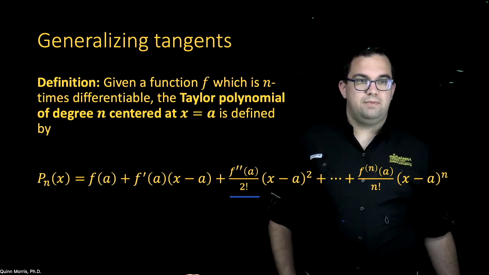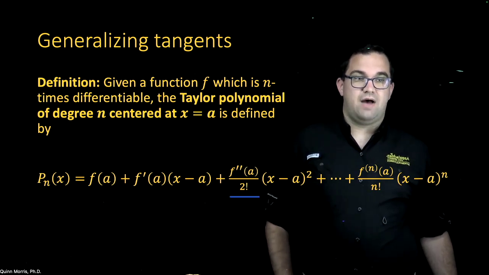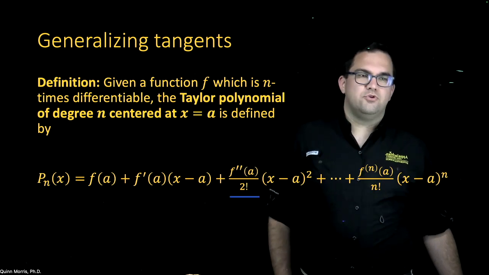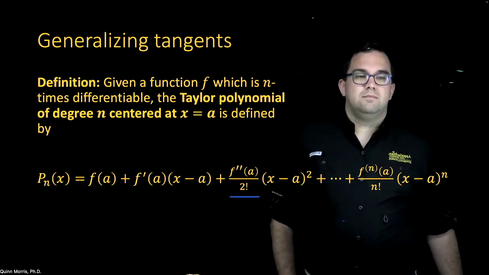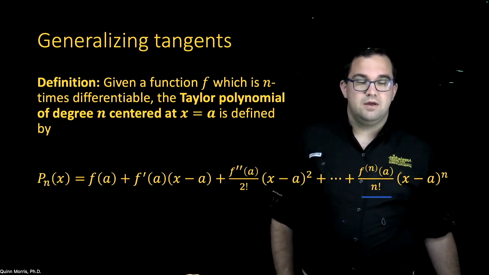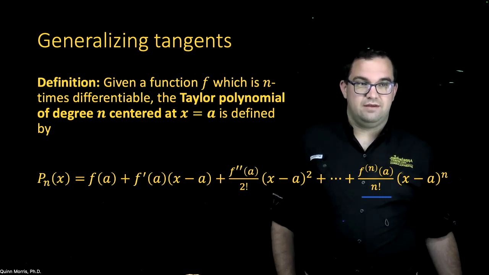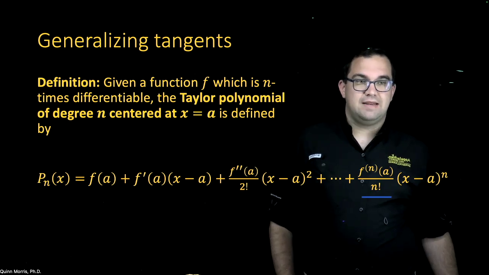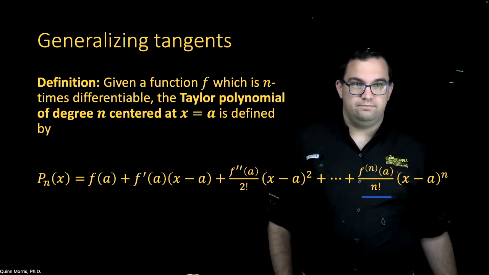Its coefficient will be f double prime of a divided by 2 factorial. 2 factorial is just 2. But the reason we write it as 2 factorial is because in general, you get the nth coefficient by taking the nth derivative of your function, evaluating it at a, and dividing by n factorial.